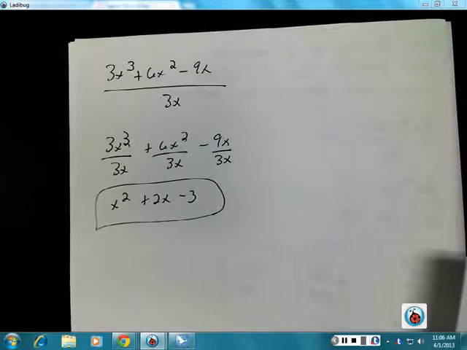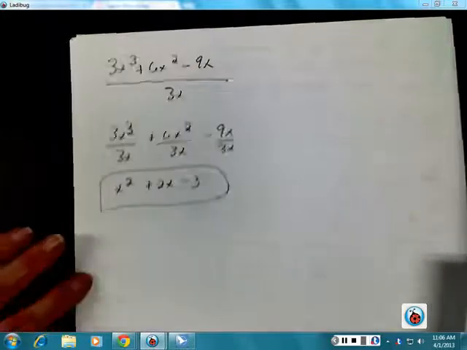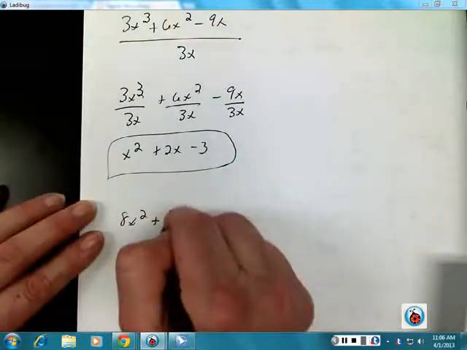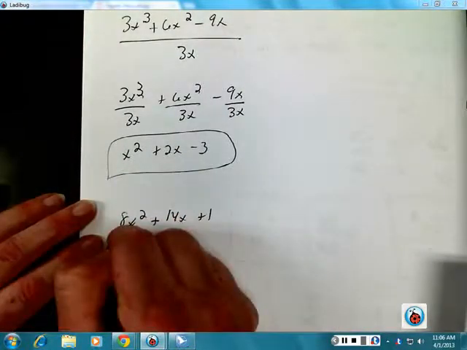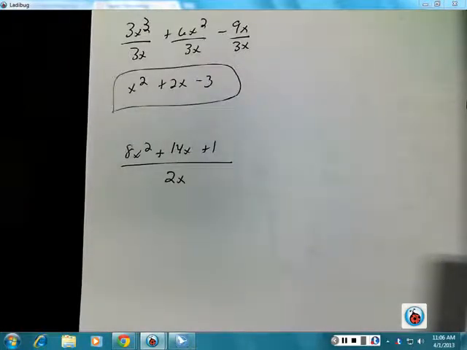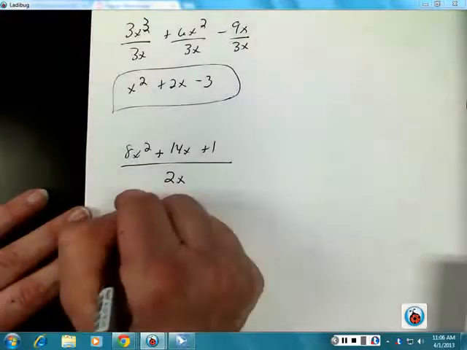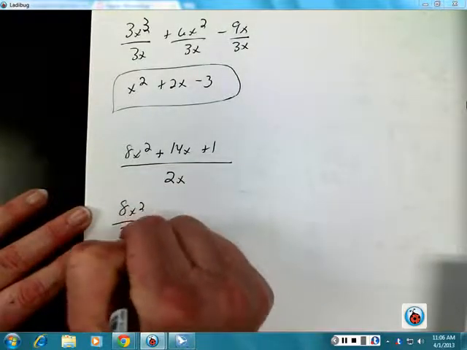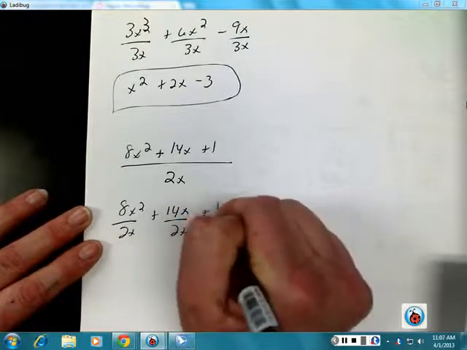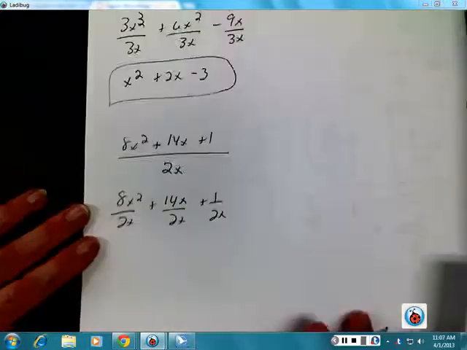What happens with those two? How about this one? 8x squared plus 14x plus 1 divided by 2x. So it's 8x squared over 2x plus 14x over 2x plus 1 over 2x.